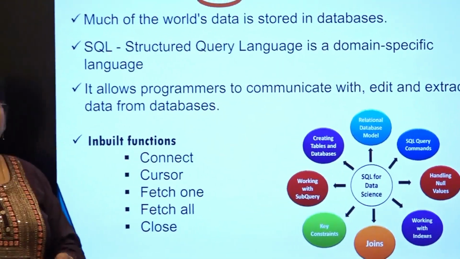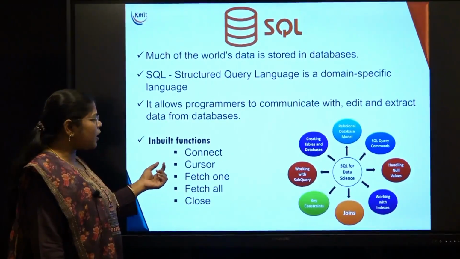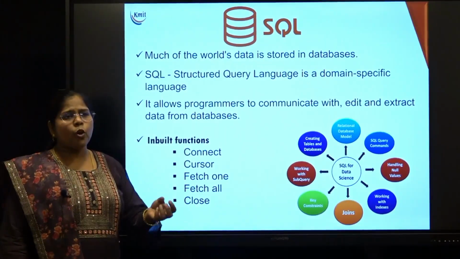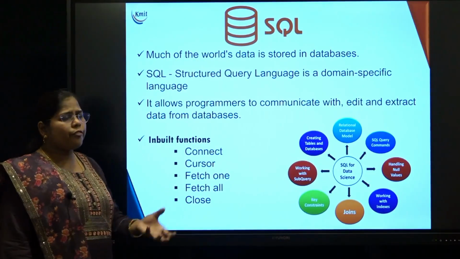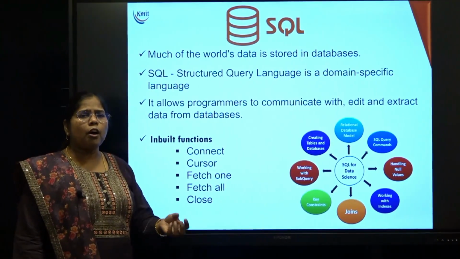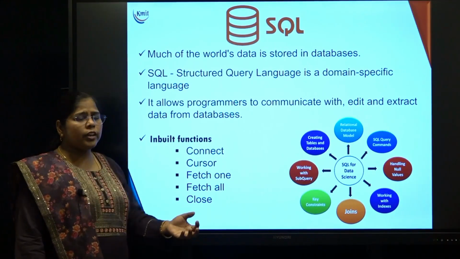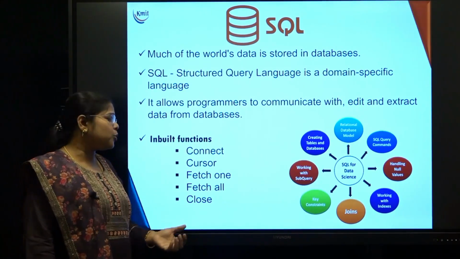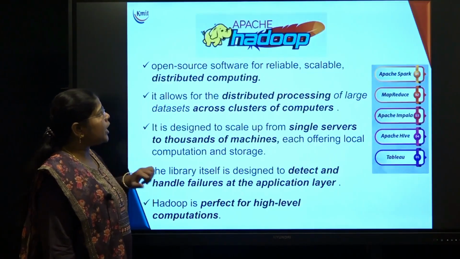To connect to the database, we use con. For cursor, whenever you want to take out some data, we use cursor. Whenever you want to take out one row of data, we use fetchone. To retrieve all the data, we use fetchall and we use close. And this is all about SQL.